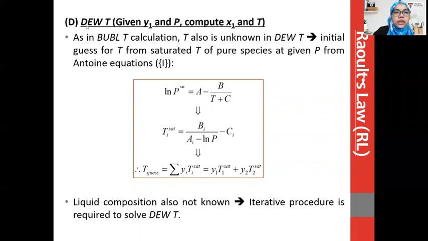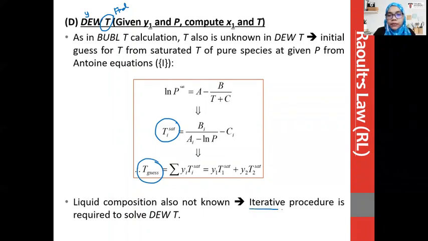So the last calculation is dew temperature. We need to find the temperature, and we have the given information of vapor composition. As usual, we need to determine the T saturation. It gives us the value of the guess temperature here.